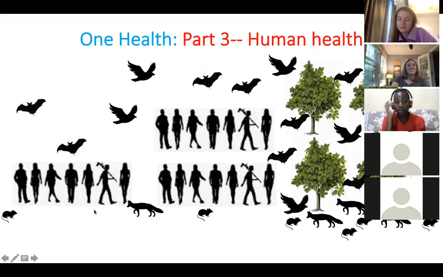And you can see these animals are either forced into a small environment or they're being forced out of that environment and they're getting closer to people. And certainly with more stress and more signs of illness and increased chance of what we call transmission or spread of a germ, you can have more problems in people.